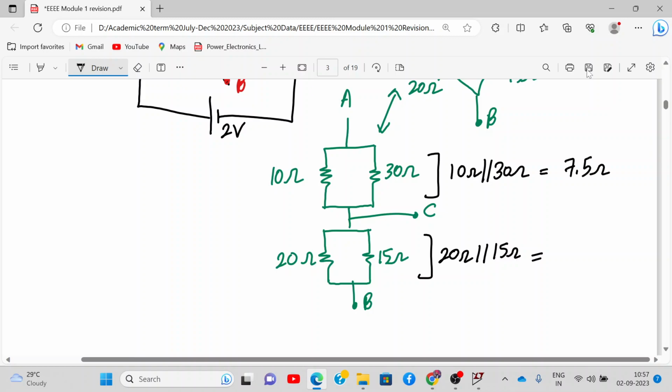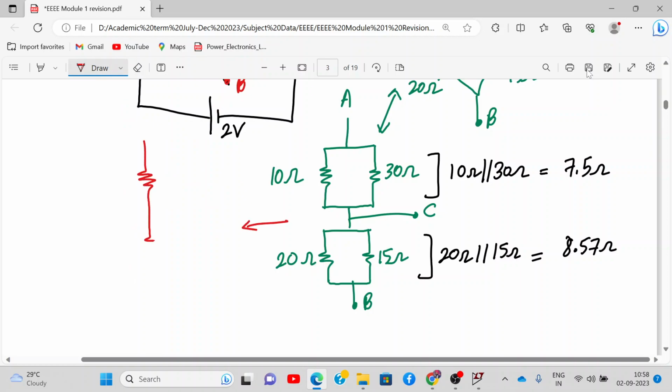And 20 ohm parallel to 15 ohm. 8.57. Now these two resistances will be in series, right?